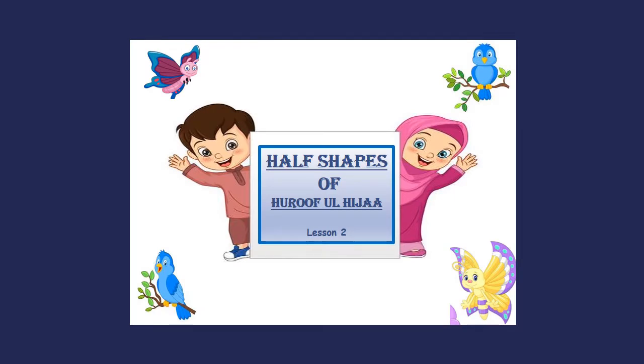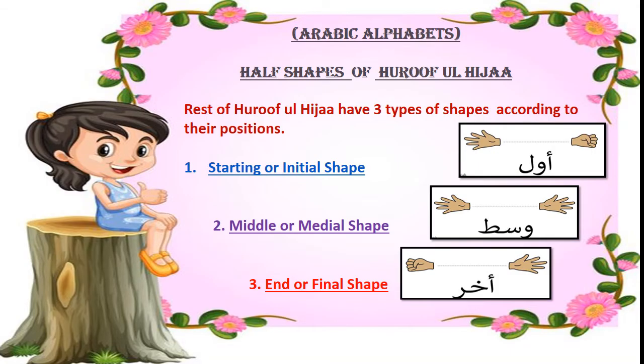Today in lesson 2, you will learn about the half shapes of the rest of the Huroof al Hijaa. Rest of Huroof al Hijaa have 3 types of shape according to their position: starting or initial shape, middle or medial shape, and final shape.